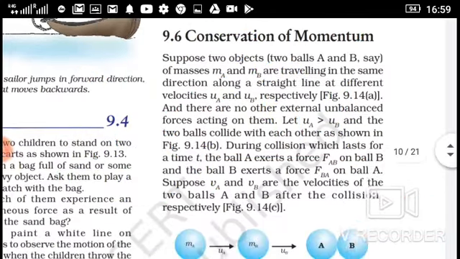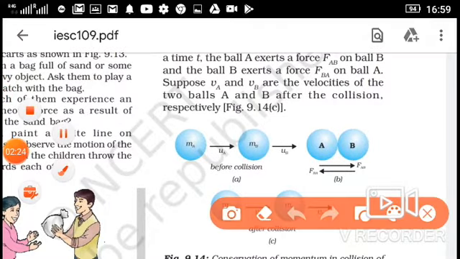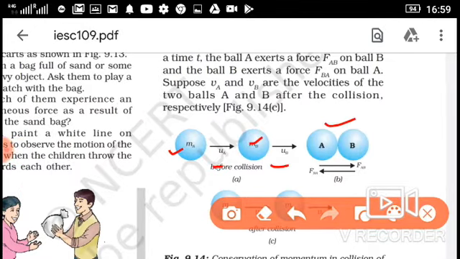Now you see, there are two balls having masses MA and MB, and velocities UA and UB. When they collide, ball A exerts a force on ball B, and likewise ball B exerts a force on ball A. Both the forces are equal but in opposite directions.